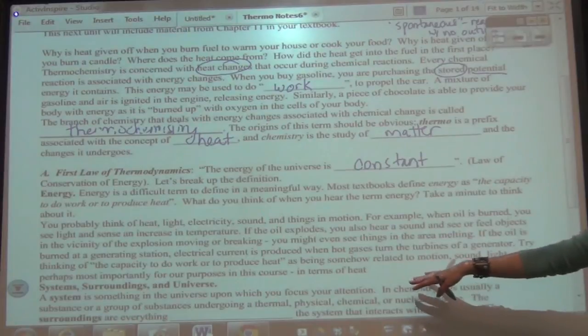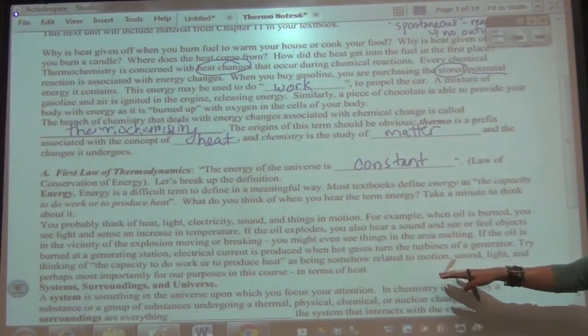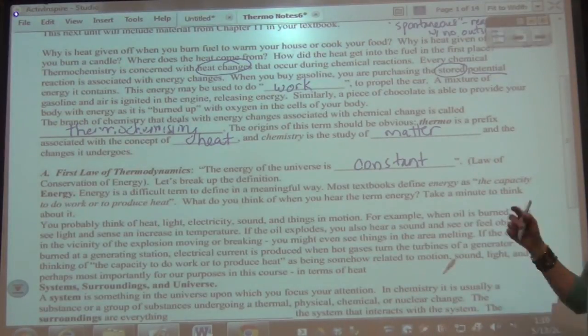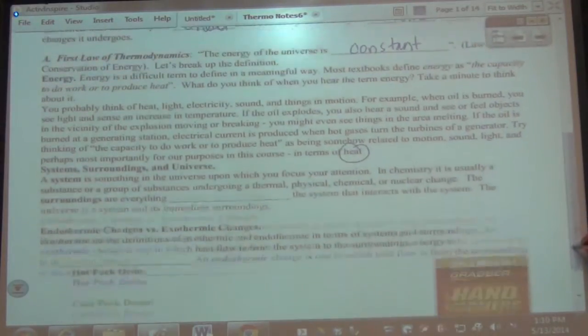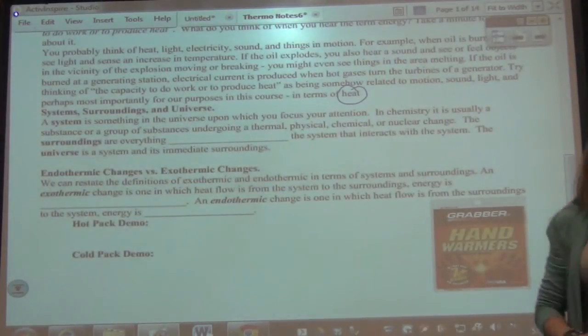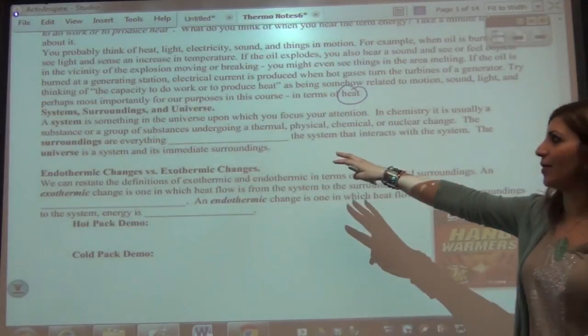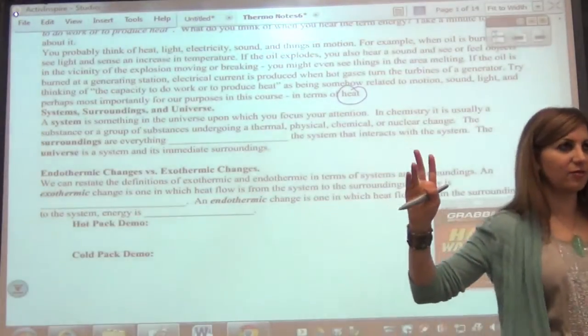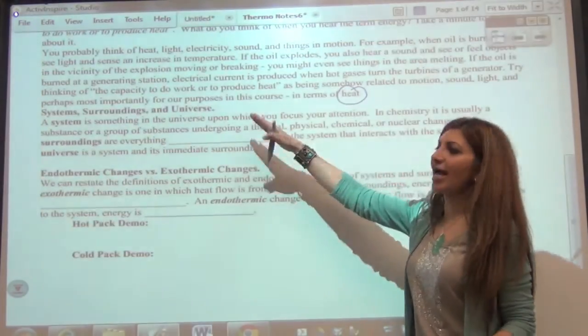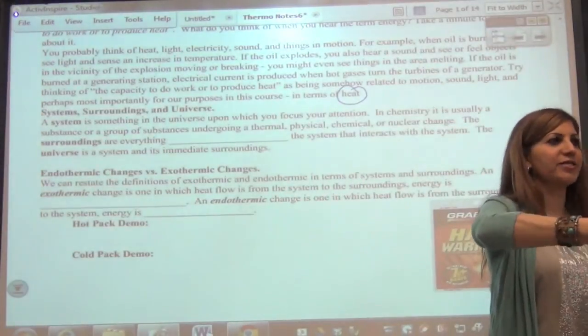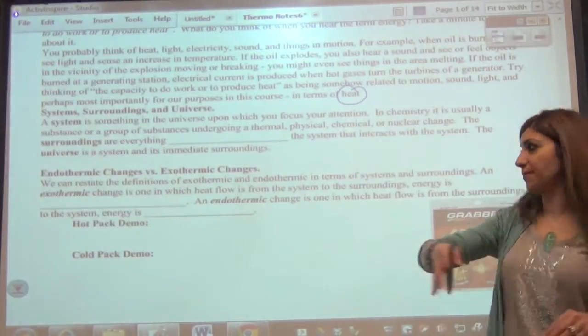Try thinking of the capacity to do work or produce heat as being somehow related to motion, sound, light. For our purposes, we're going to think of it in terms of heat. So the second word was talking about what this universe is. We didn't talk about the universe. A system is simply anything that you focus your attention on. We're going to call that the system.